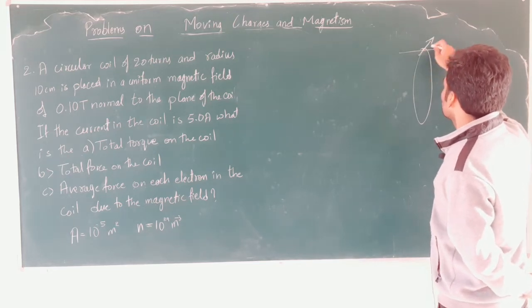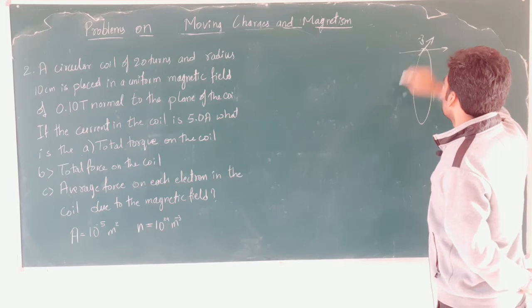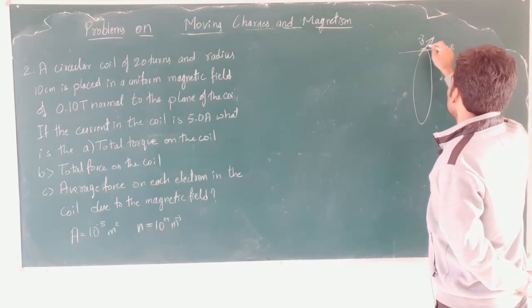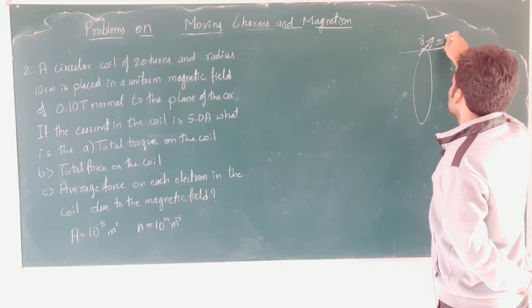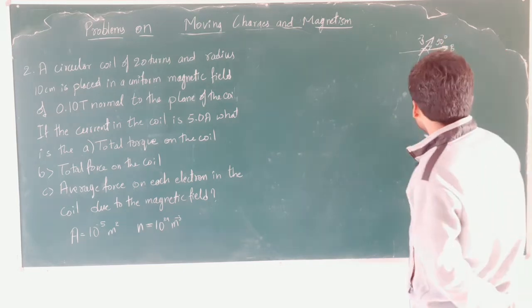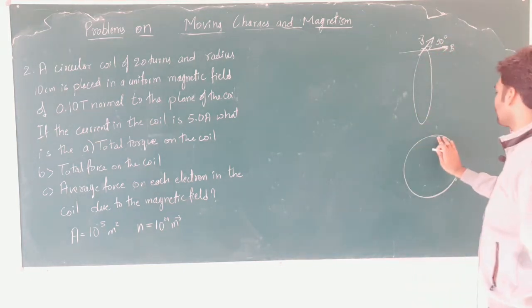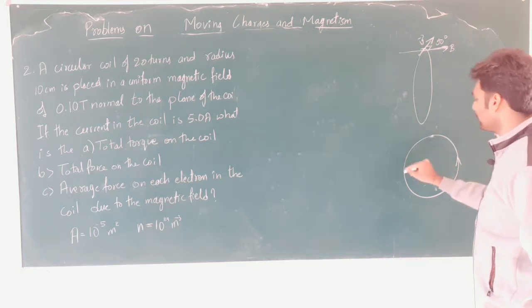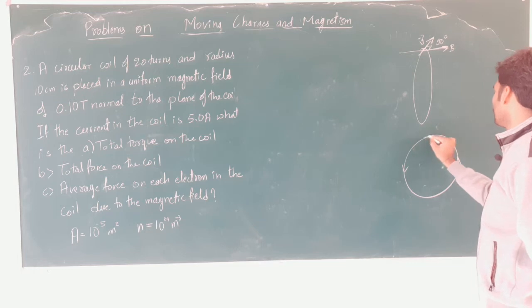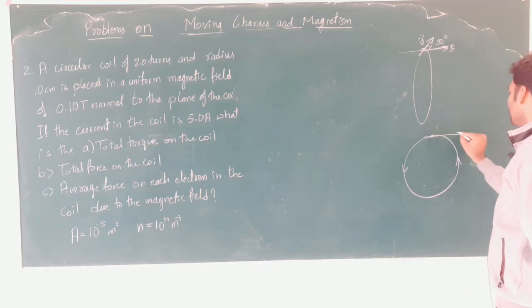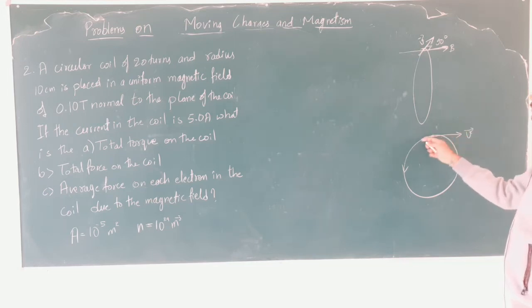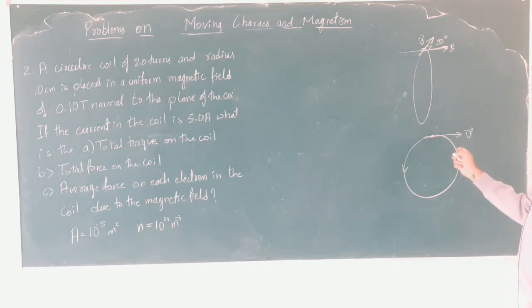So this is V and this is V. Try to imagine: if the flow of current is taken like this, then the electron would move like this. So at this point, the direction of velocity of the electron is tangential to the path, right?